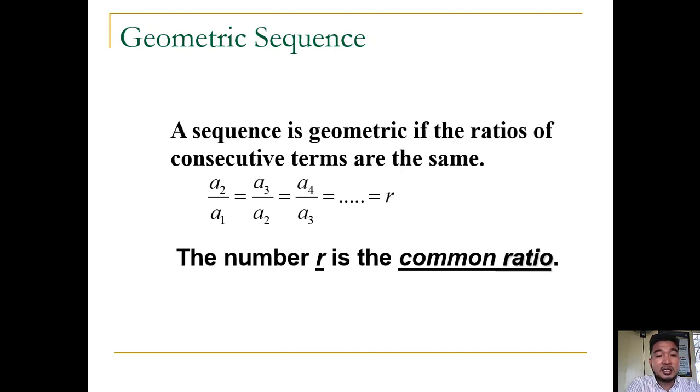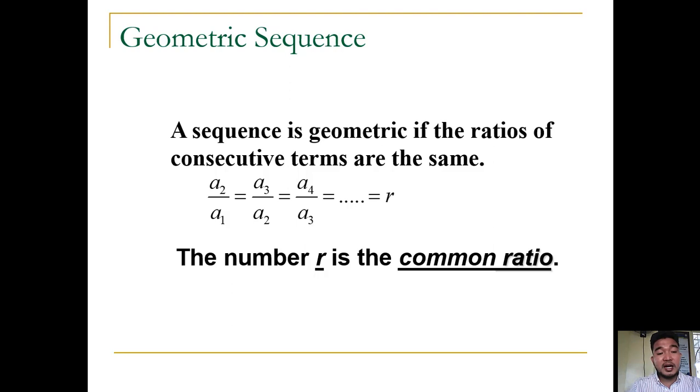So a geometric sequence is a sequence if the ratios of consecutive terms are the same. So matatawag lang natin siya na geometric sequence kapag ang kanyang mga common ratios with the consecutive terms ay magkakamukha.